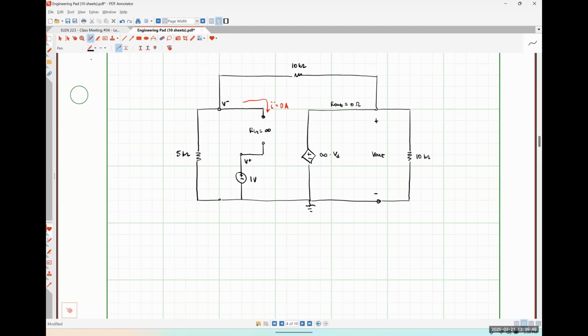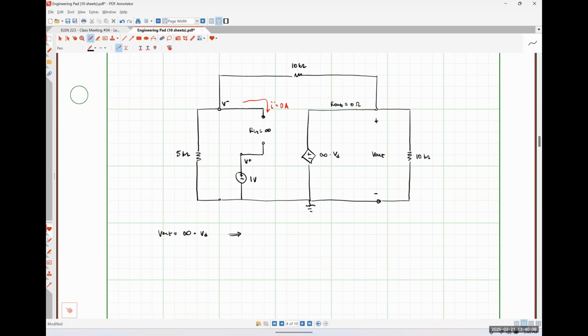So my output voltage, V out, is equal to infinity times my differential input voltage. Okay.